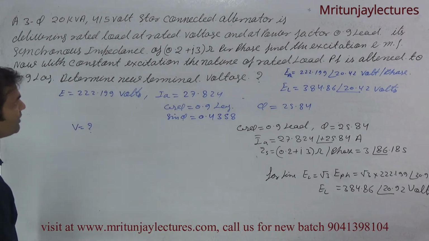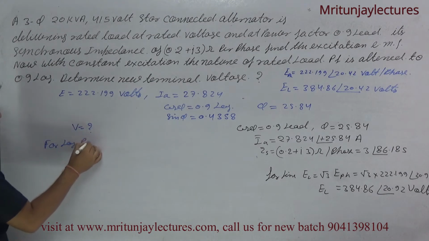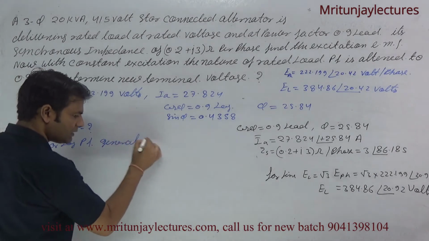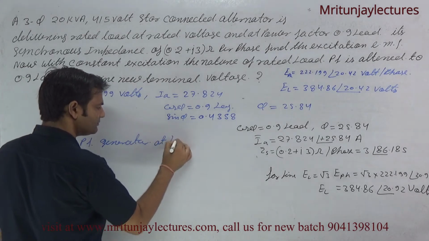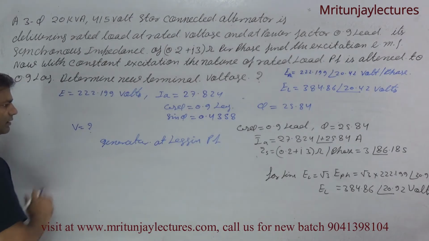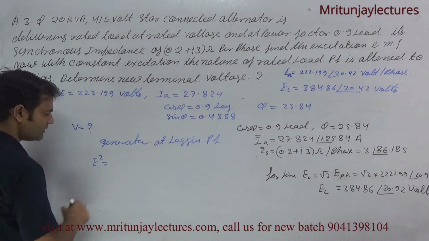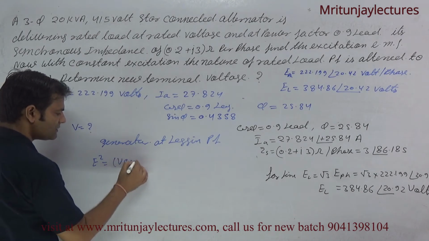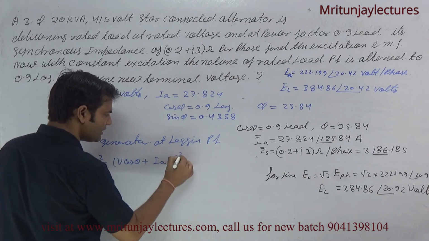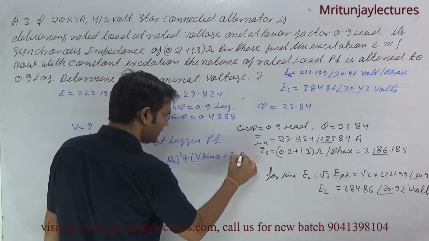Corresponding to the synchronous generator at lagging power factor, E square is equal to (V cos theta plus IA into RA) whole square plus (V sin theta plus IA into XS) whole square.